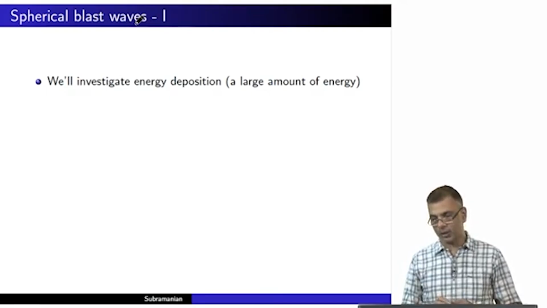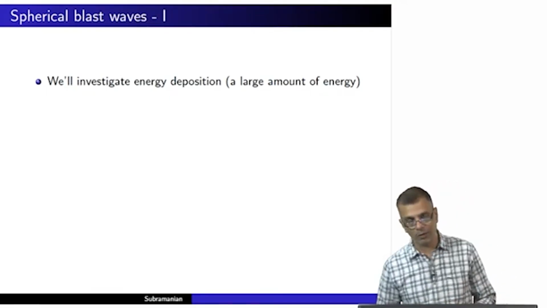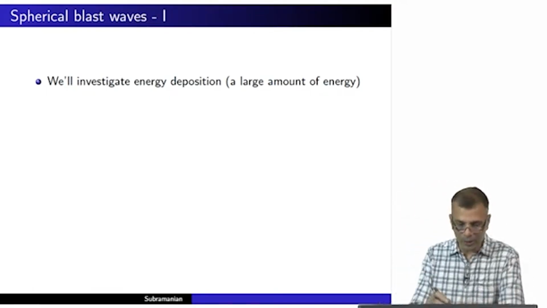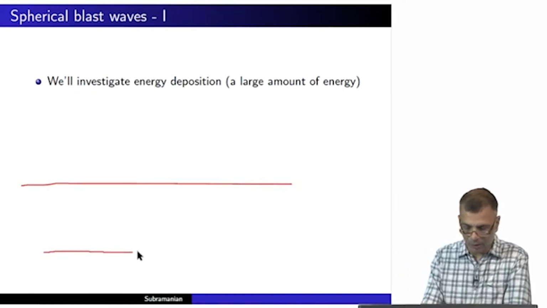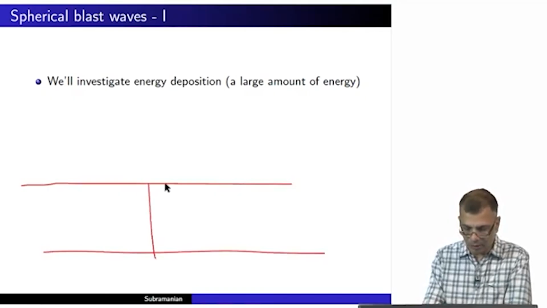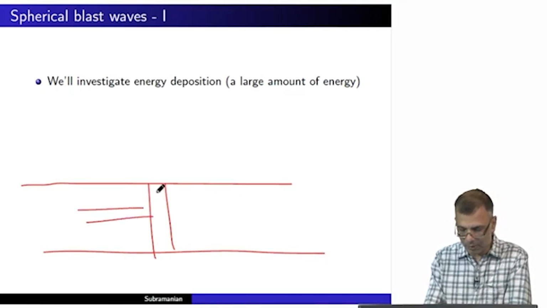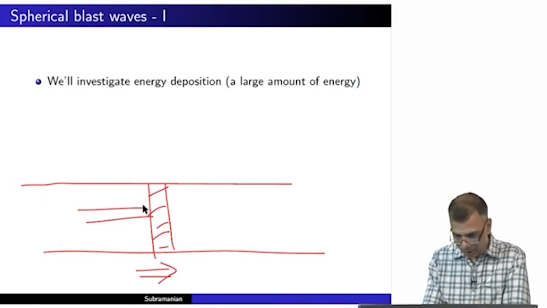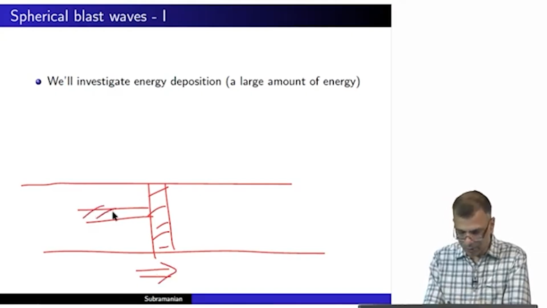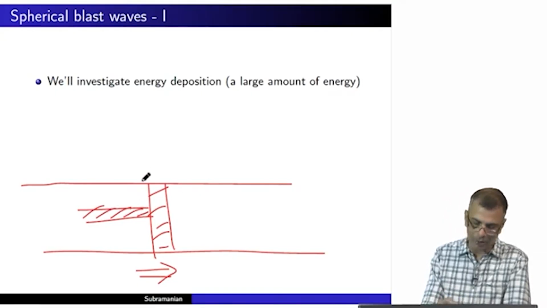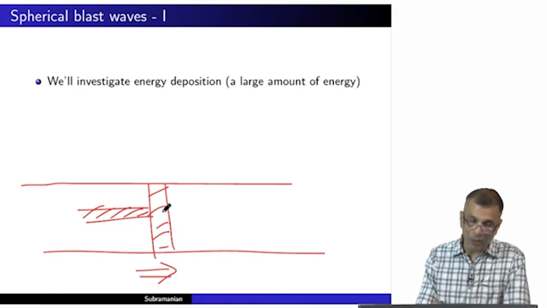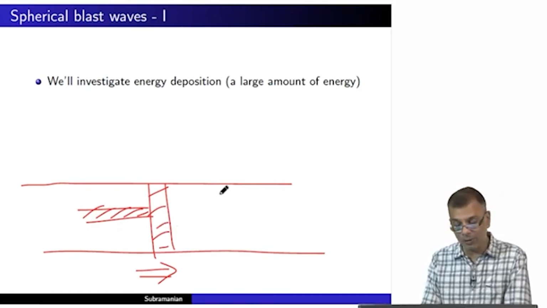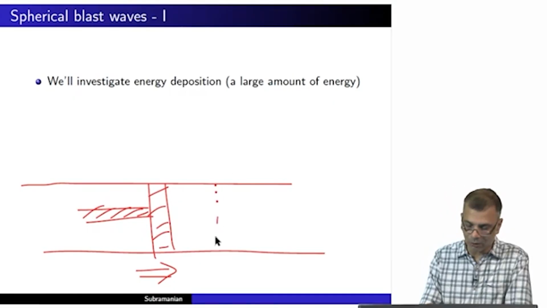So unlike the lab kinds of situations which we've encountered, where you might have a tube and a piston, right, so this would be an airtight tube, and this would be a piston, and the piston will be going forward, and when the speed of the piston exceeds the speed of sound, it drives a shock wave in front of it.